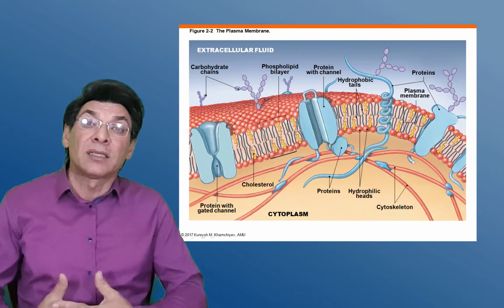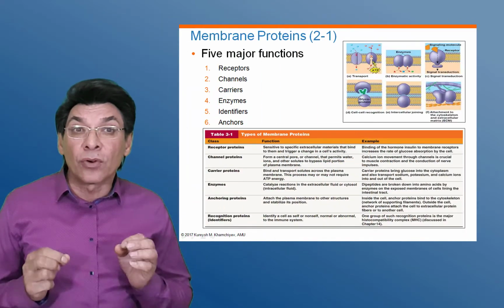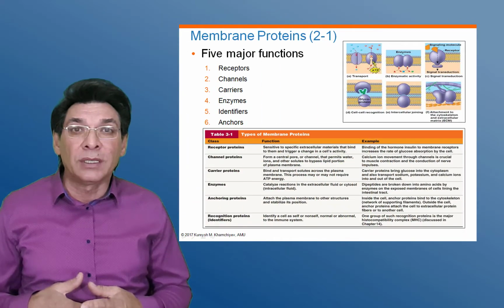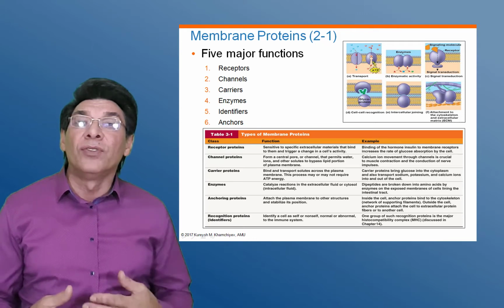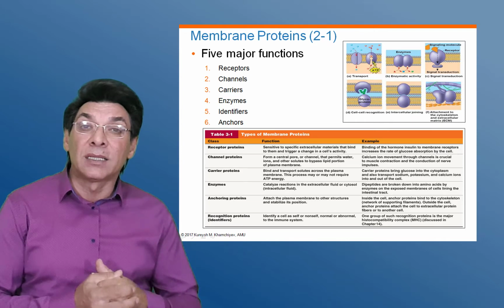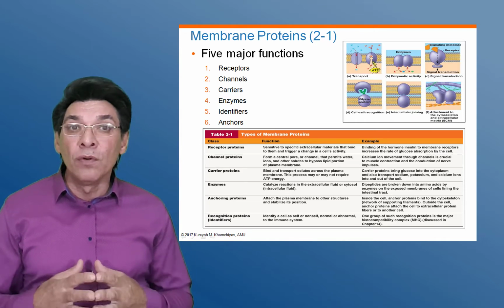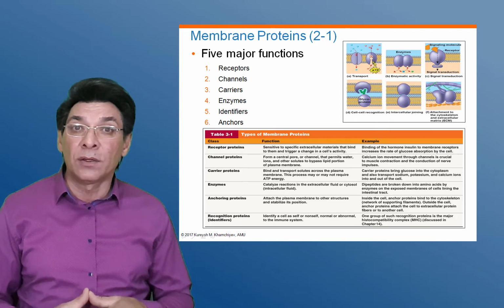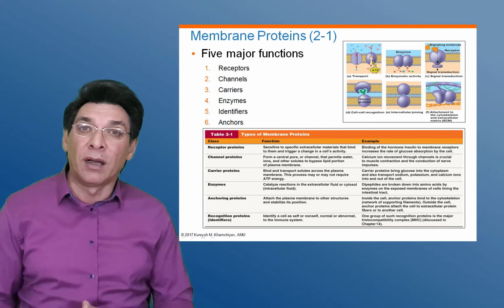We are going to concentrate mostly on the role of plasma membrane proteins as transporters in the body and the various mechanisms by which they move molecules from one side of the plasma membrane to the other.